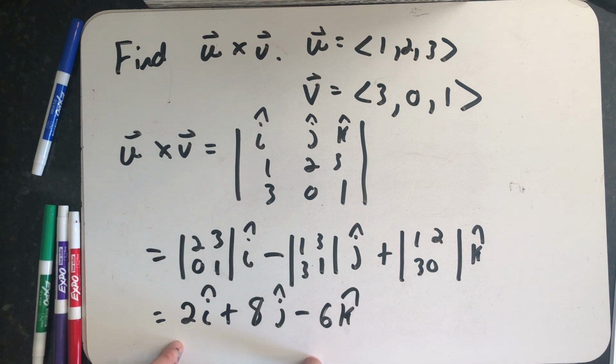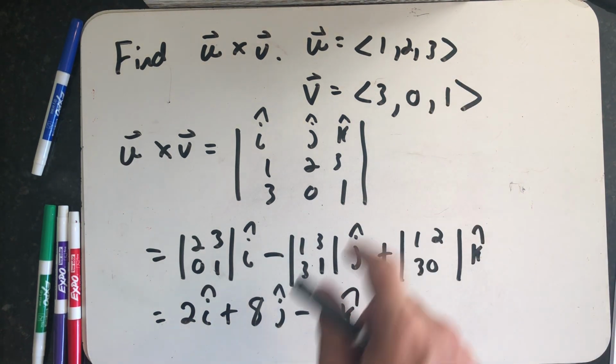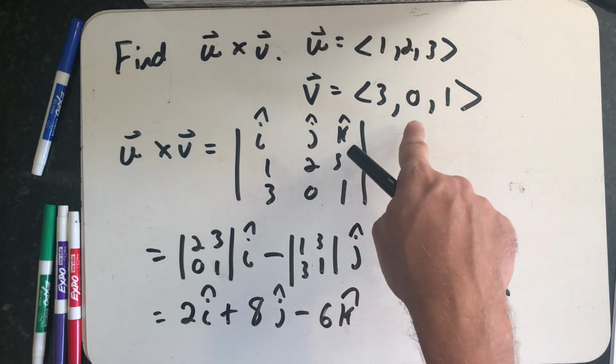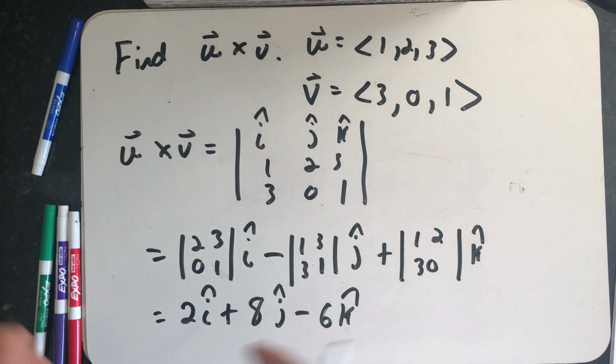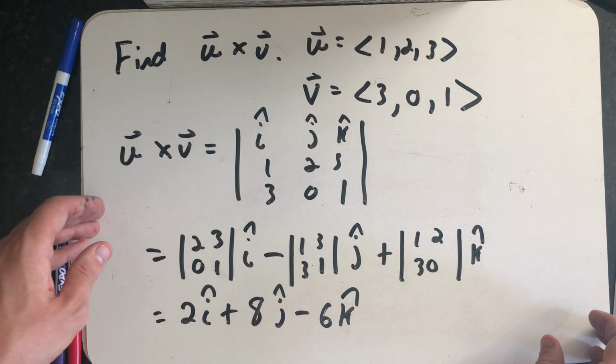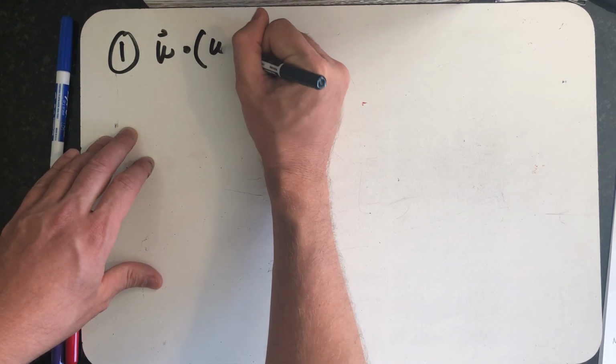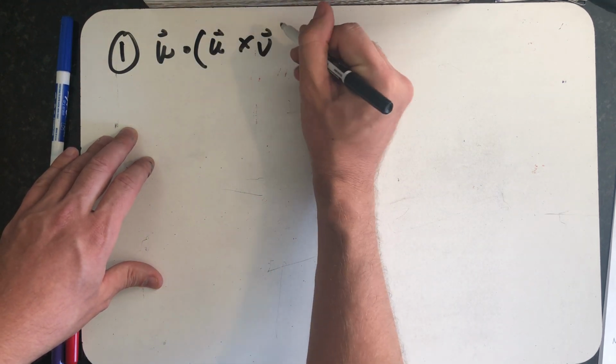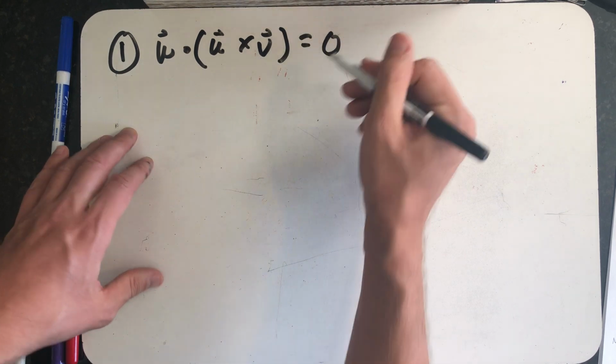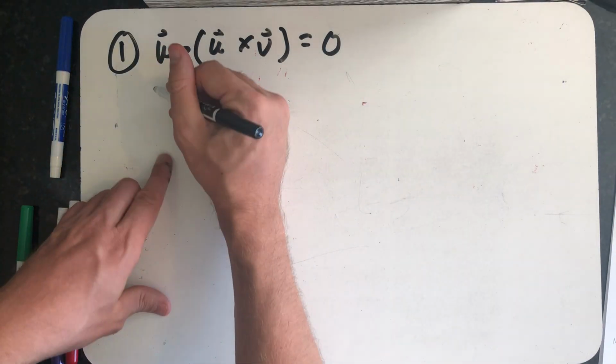That vector is orthogonal to both of these and has a length that's equal to the area of the parallelogram that they span. So, a couple of important notes about the cross product. If you take the dot product of U with the cross product of U and V, you have to get 0. Those are perpendicular vectors.